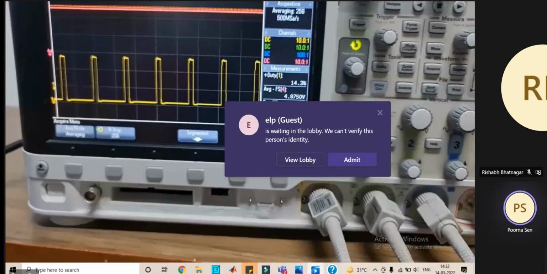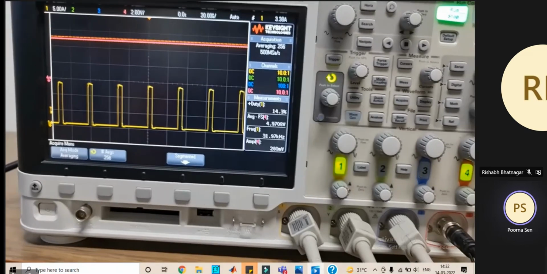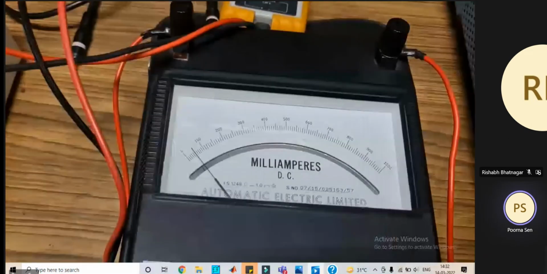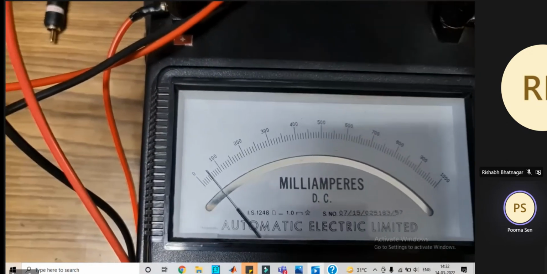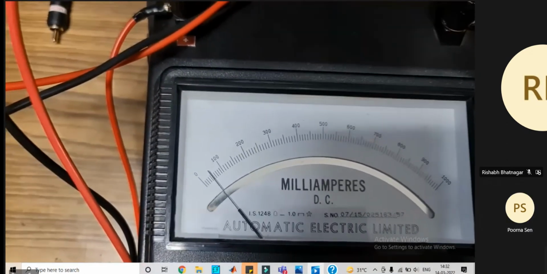Duty ratio is 14.3% and output voltage is 4.975 volts. Now the load is again changed to 50 milliampere.